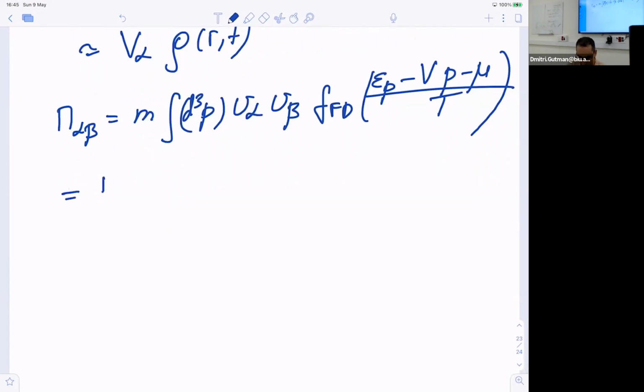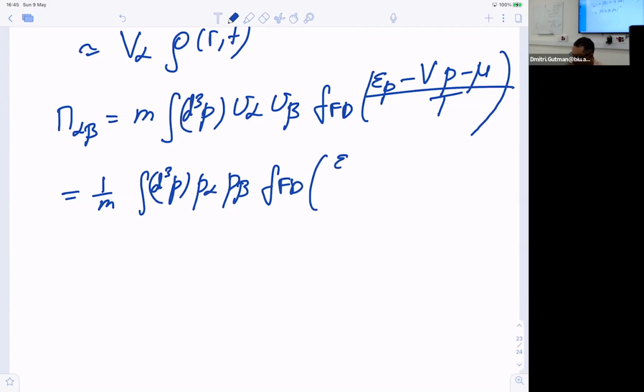And this is 1 over m integral d3p p alpha p beta F Fermi-Dirac epsilon p minus v times p minus nu divided by temperature. Now I'm doing the shift again.